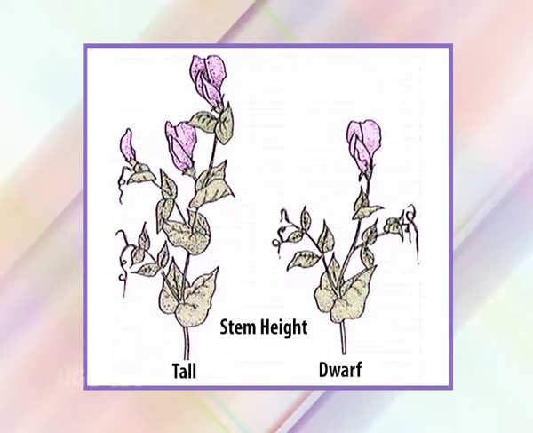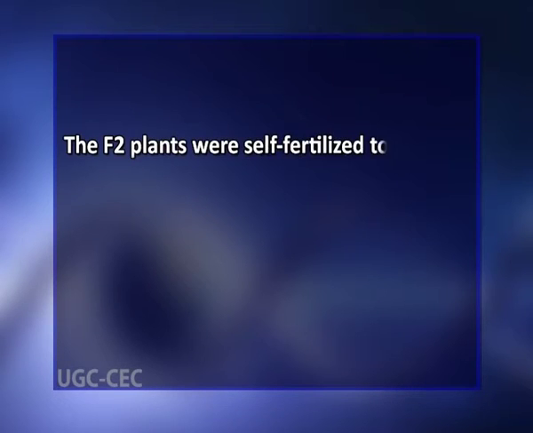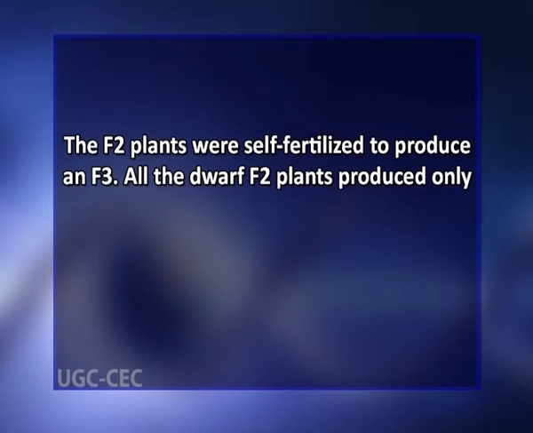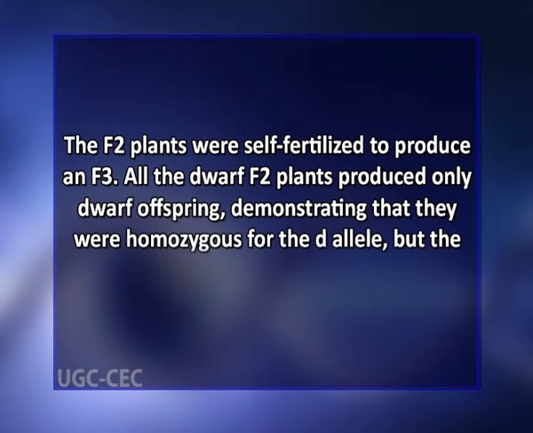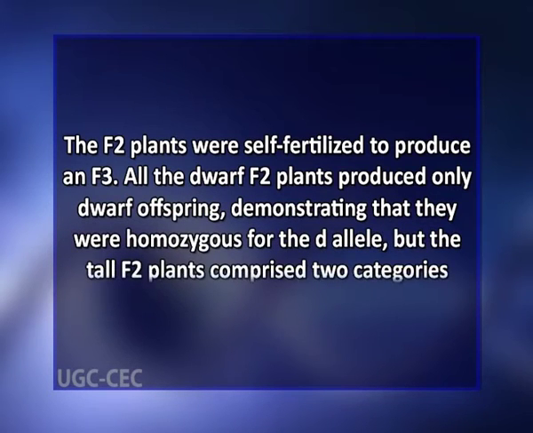Mendel took this analysis one step further. The F2 plants were self-fertilized to produce an F3. All the dwarf F2 plants produced only dwarf offspring, demonstrating they were homozygous for the small d allele, but the tall F2 plants comprise two categories. Approximately one-third of them produced only tall offspring, whereas the other two-thirds produced a mixture of tall and dwarf offspring.